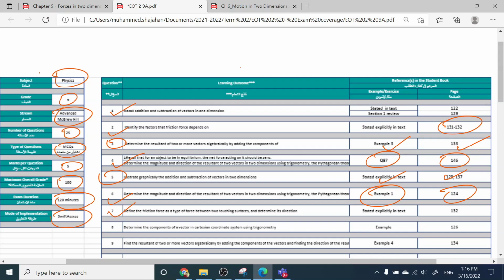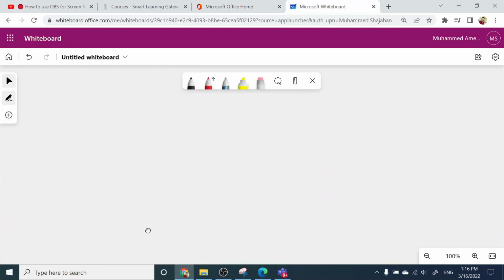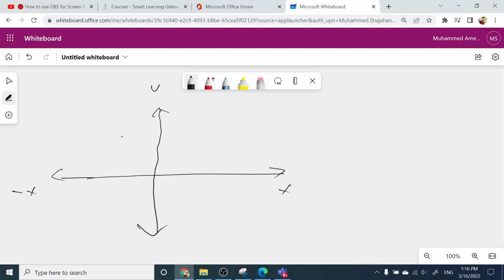Then question number 8, determine the component of a vector in Cartesian coordinate system using trigonometry. In that case, we will draw a Cartesian coordinate system here. So this is the x-axis, and this is the negative x-axis, this is the y-axis, and this is the negative y-axis.